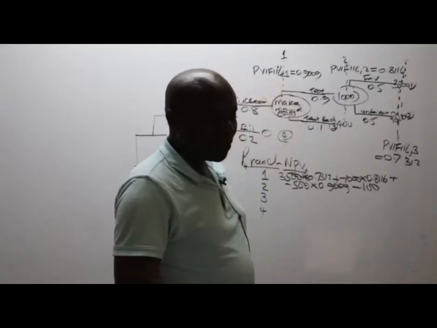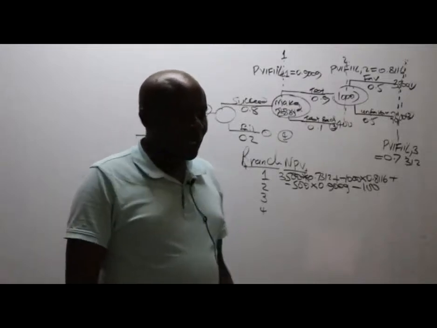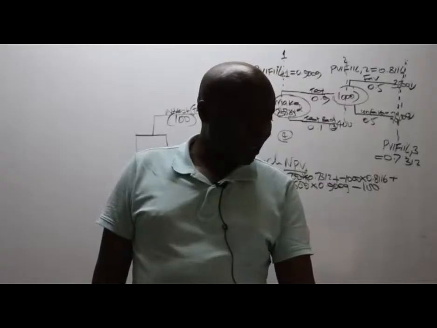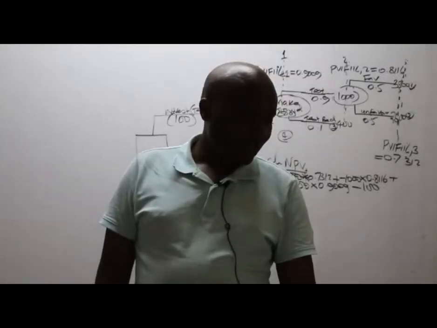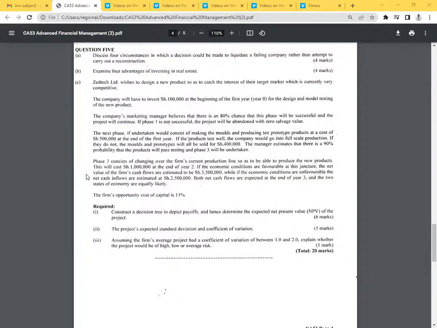Please always try to assist your colleagues here. Whenever they ask questions, try as much as possible. Like now, Rebecca, my friend, which discounting rate are we using? Somebody should have really answered her. Trust you me, you guys are lucky because your classmates here are going to be a president in the future.